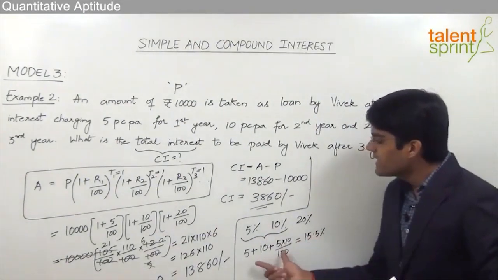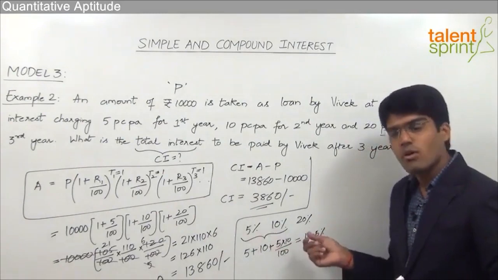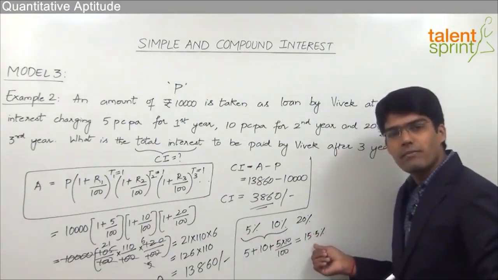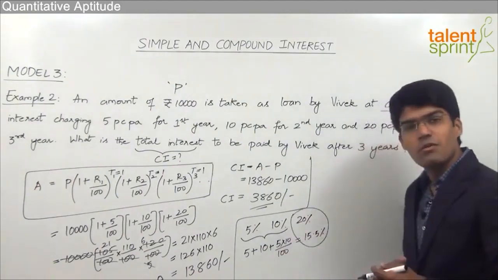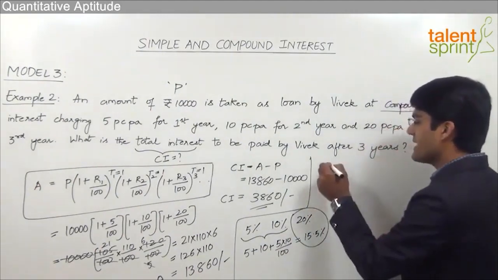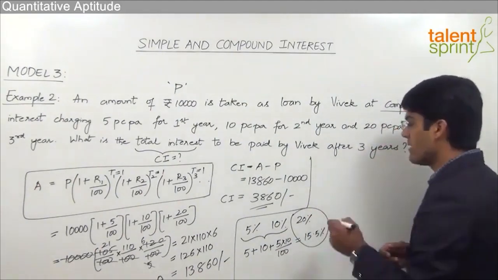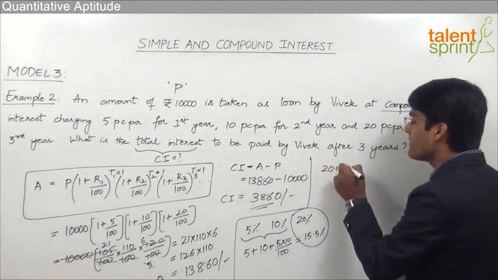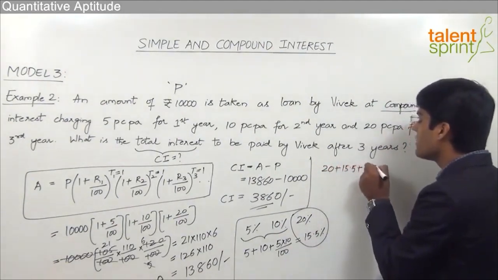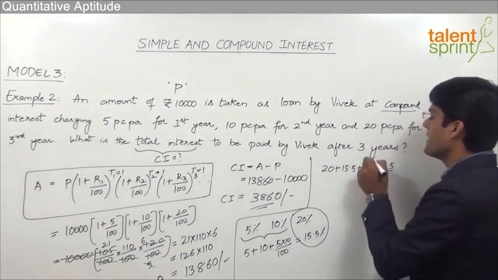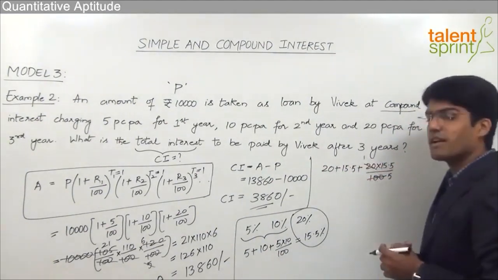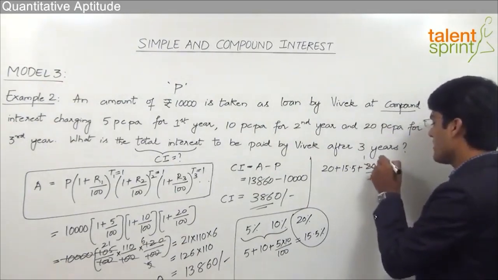After calculating the net percentage for the first 2 years, let us now take the effective value that we have obtained with 20% to find out the overall percentage for 3 years. And again that can be taken as A plus B plus AB by 100. So that will be 20 plus 15.5 plus 20 into 15.5 divided by 100. So 20 into 1 and 20 into 5 is 100, and 5 here goes 3.1 times.